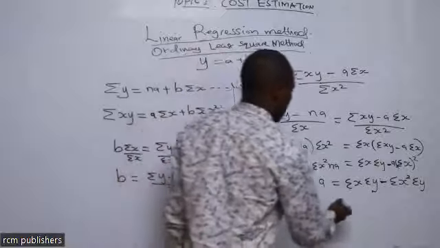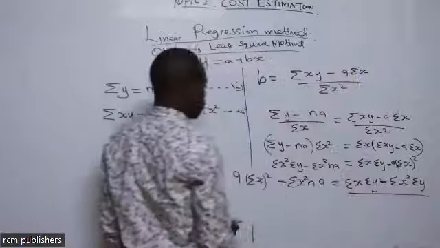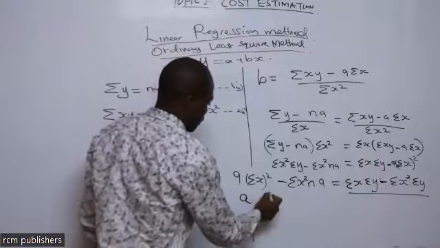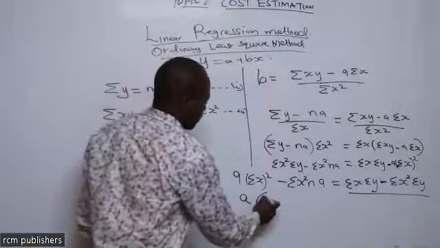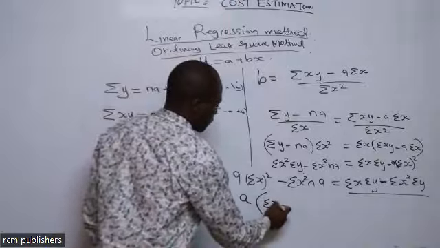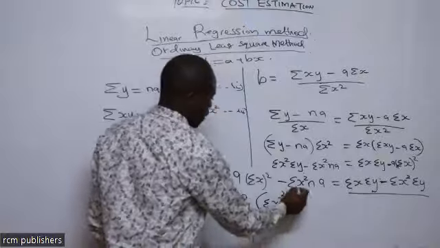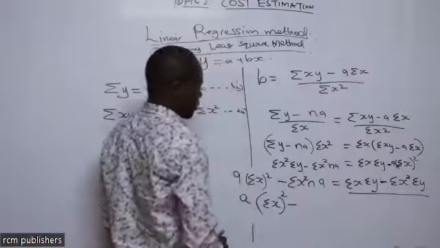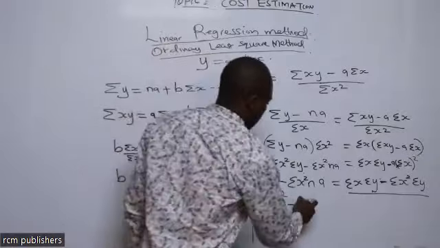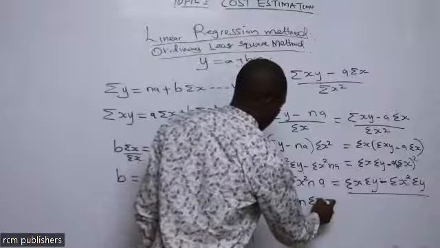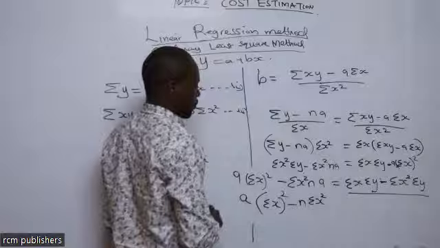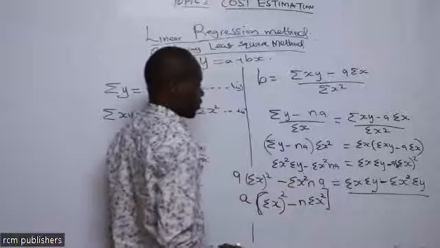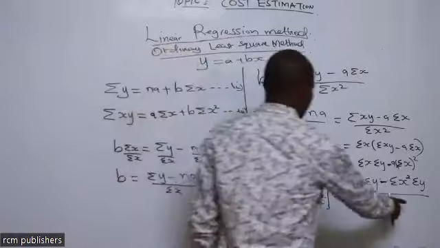Then we are now going to divide to get our A. So A into bracket summation of X squared minus n summation of X squared. That is what we have, which we're supposed to take to this side.